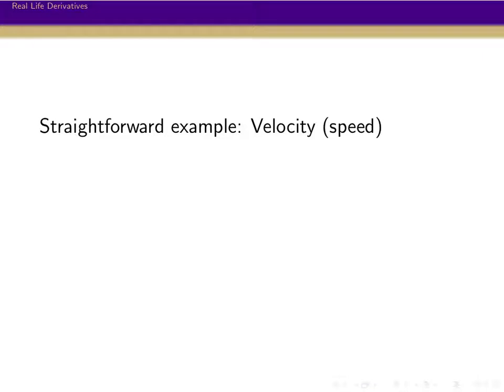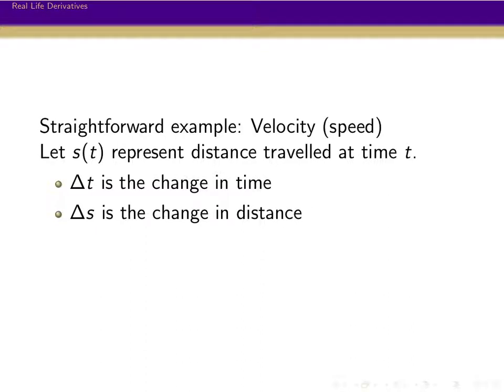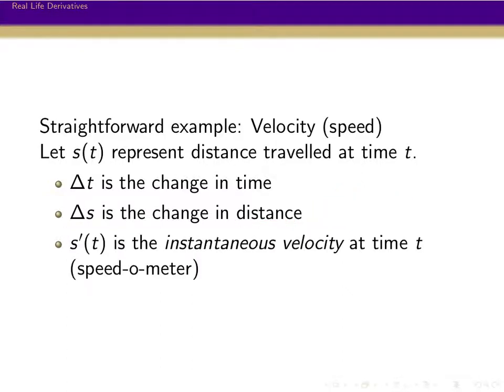So let's do a straightforward example. Let's be thinking about velocity, same idea as speed. For this we're going to let s of t represent the distance traveled at time t. So delta t is talking about the change in time, and delta s is going to be the change in our function, which here is distance.